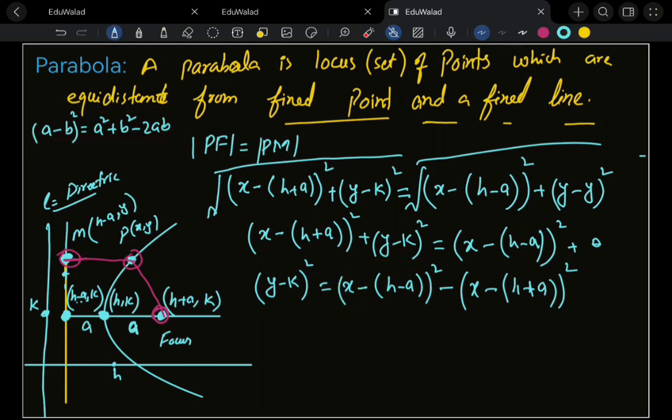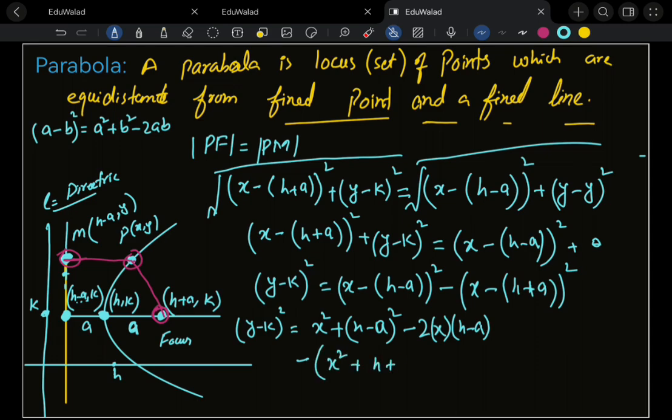Expanding this formula, y minus k whole squared will be equal to x squared plus b squared, meaning h minus a whole squared, plus minus 2 into x into h minus a. Here there's a negative sign, so minus into x squared plus h plus a whole squared minus 2 into x into h plus a.